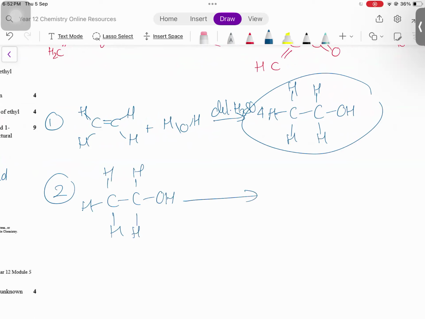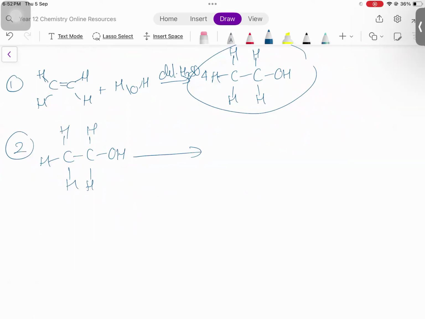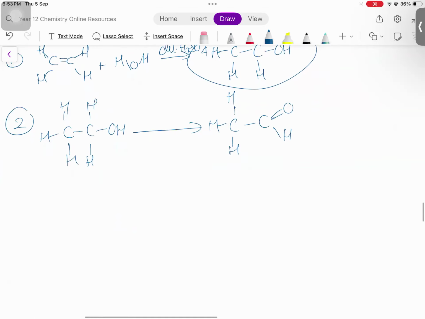Okay. And then we don't make the acid straight away. We make the aldehyde first. So double bond O. And then what's the oxidizing agent? Which one do you want to use? There's two, right?